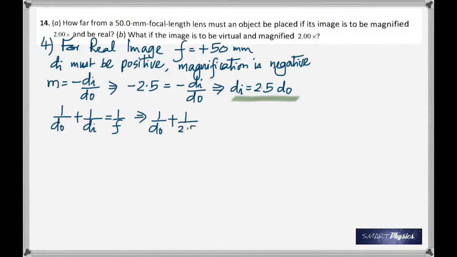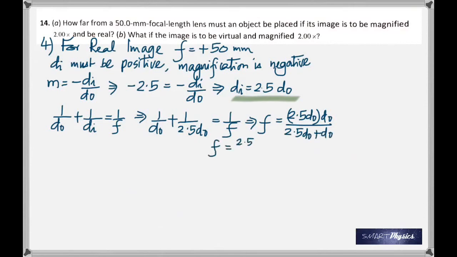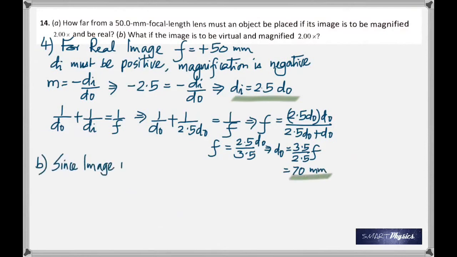Now how many times have we done this? And calculate the focal length in terms of DO. Therefore DO is 70 millimeters. In the B part, same thing, but the image is virtual, means it's positive.